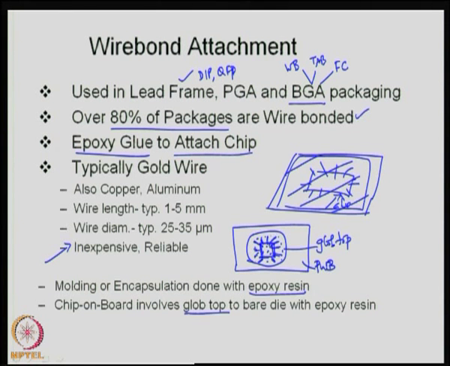Once that is done, you pour a globule of epoxy resin on top and protect the die along with the wire bonds. So, this is known as glob top. So, glob top is done with epoxy resin, which is the most economical method. In the next class, we will see about epoxy material, and we will also look at the other two interconnection choices at the first level.